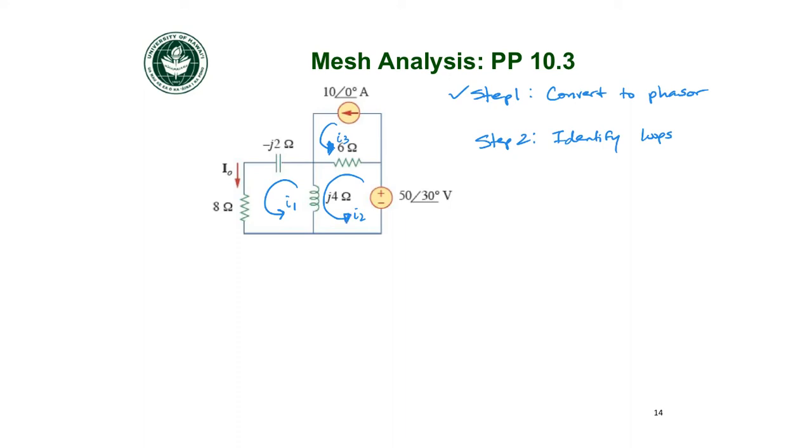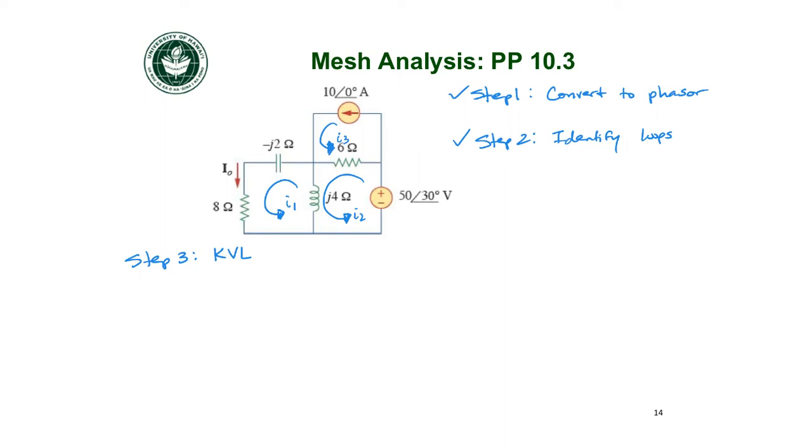Sorry, my arrows are kind of ugly. Okay, step 2 done. And now we're going to do step 3, which is KVL around those loops.